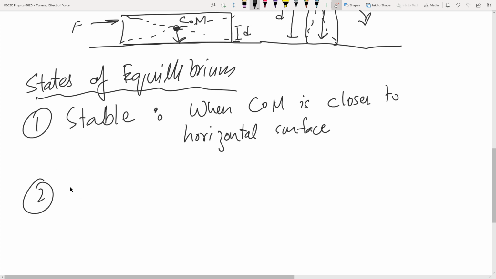Number 2 is unstable. The example again I'm going to give is of a book which is standing. This is the COM, right?